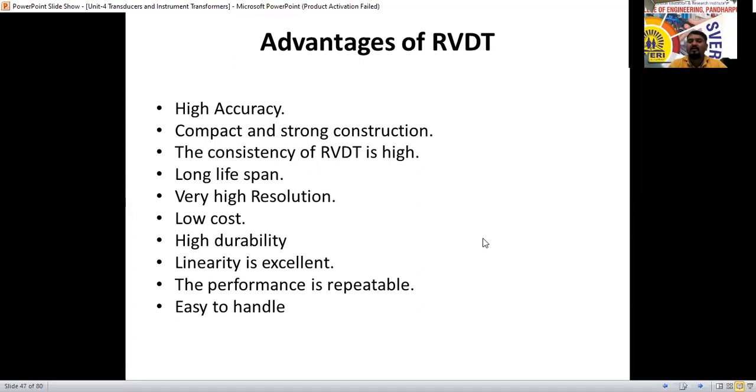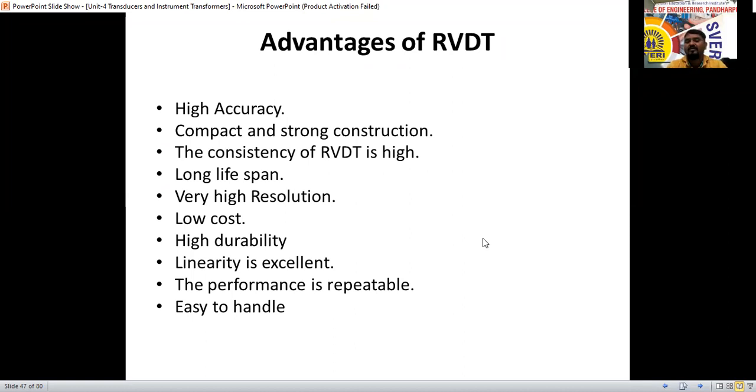For the LVDT, the movement was left to right along the x-axis, so the size was bigger. But here only at the center point we are using a rotating part, so the size is compact, and the construction is strong. The consistency of RVDT is high, long lifespan is there, very high resolution is there, cost is less, high durability, linearity is excellent, the performance is repeatable.